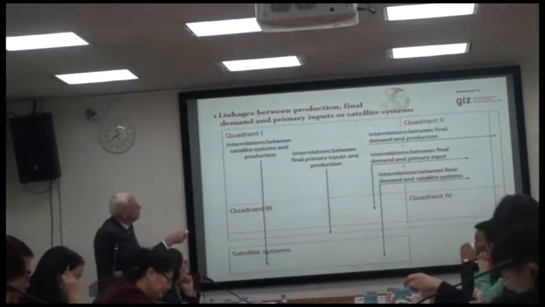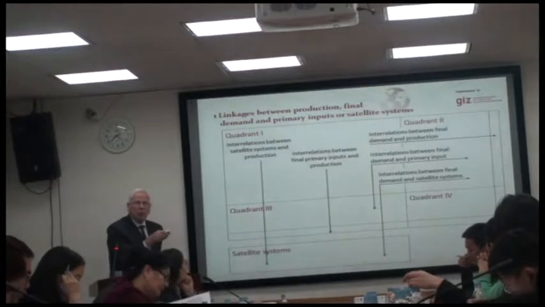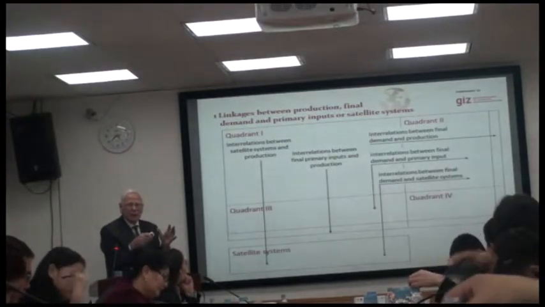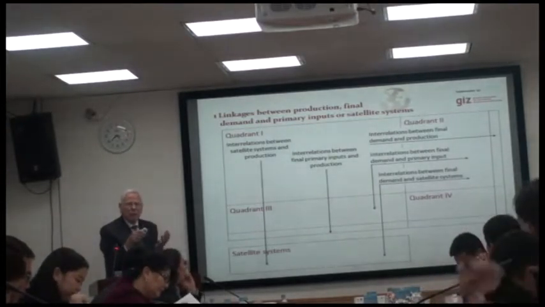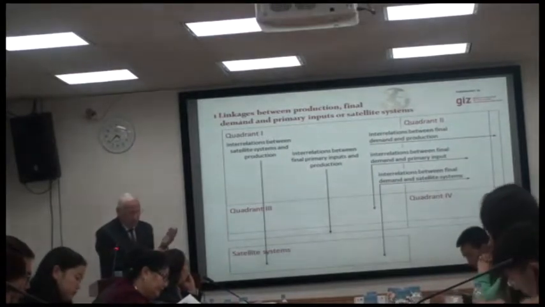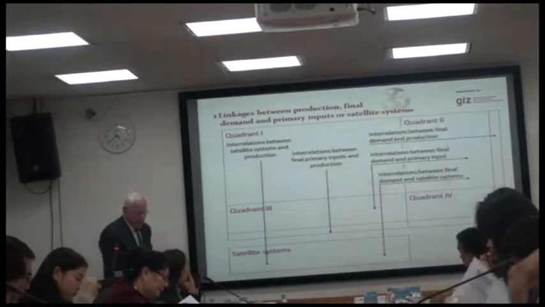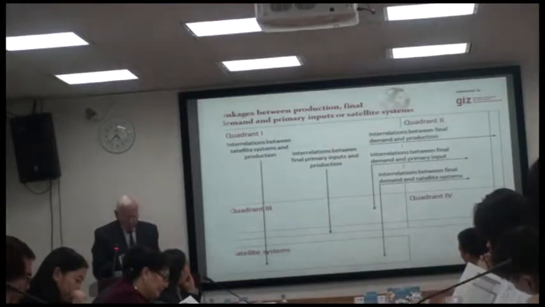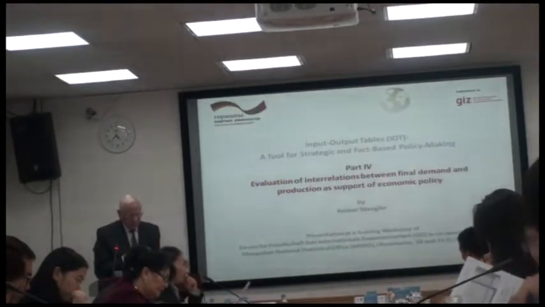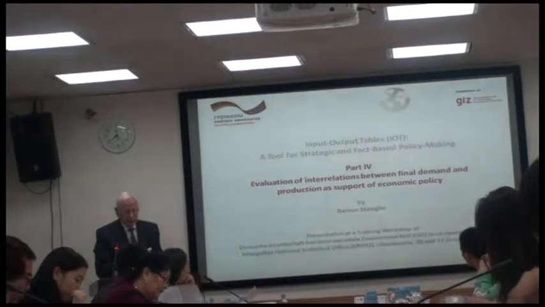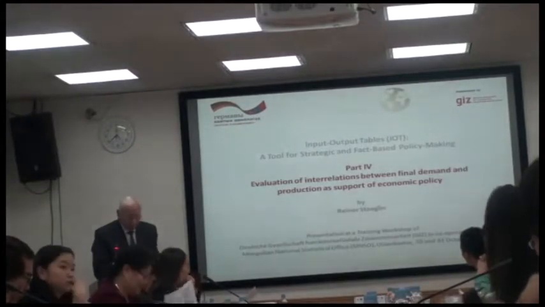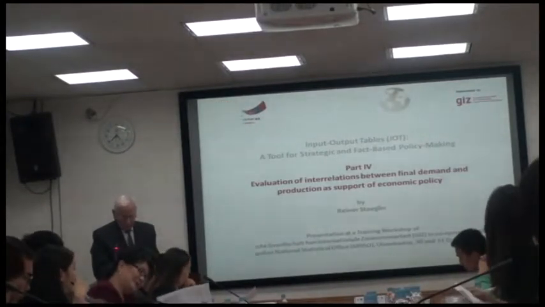So all the individual connections will be shown to you, what formula will be used, what data, and what will be the result. So today, my paper number 4, evaluation of interrelation between final demand and production as support of economic policy.